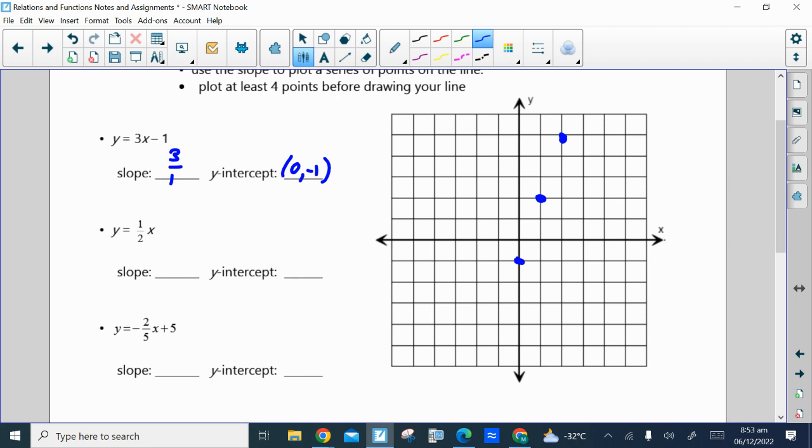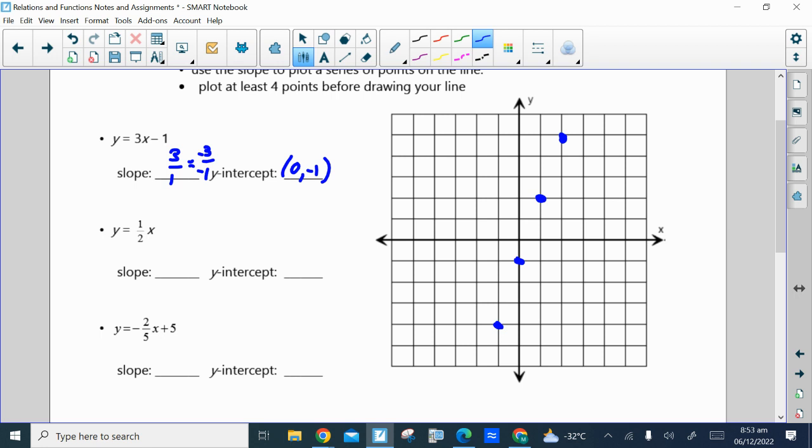However, we can also say that the slope could also be written as -3 over -1, because if you divide -3 by -1, you still get 3. But writing it like this means you have a rise of -3 and a run of -1, which means you're going to go down 3. A rise of -3 means you go down 3, and a run of -1 means you go 1 to the left.